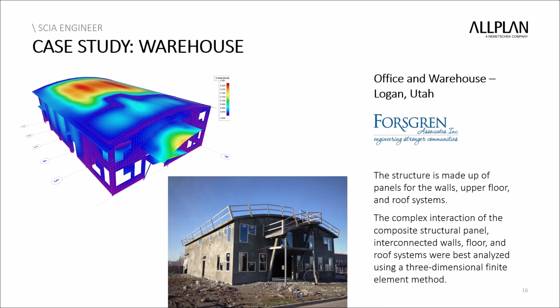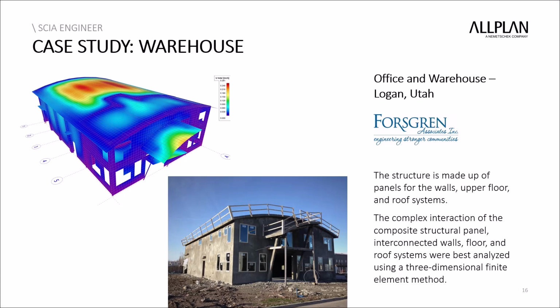Our first case study is an office and warehouse building out of Logan, Utah. As you can see, it is a paneled system, so the walls, the floor, and the roof system are all a panelized composite concrete system. And those were modeled, of course, as you can see here, in SCIA Engineer using the three-dimensional finite element method.